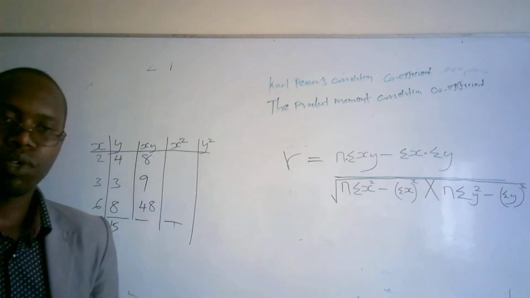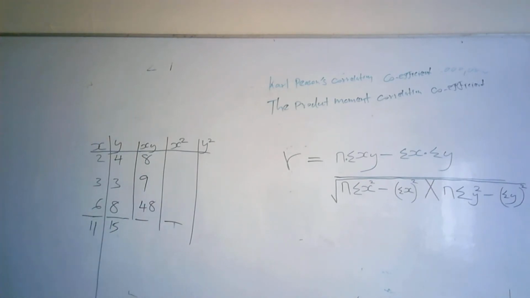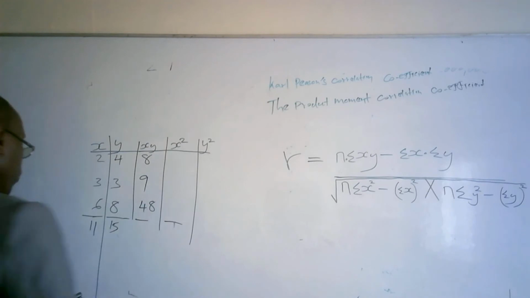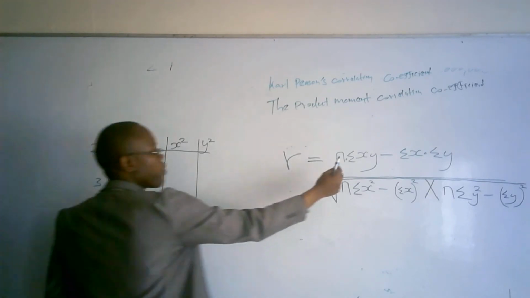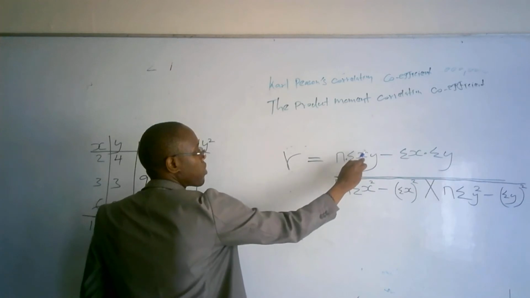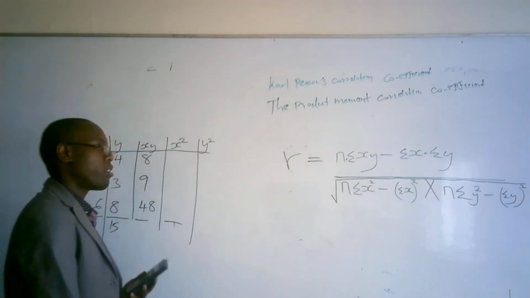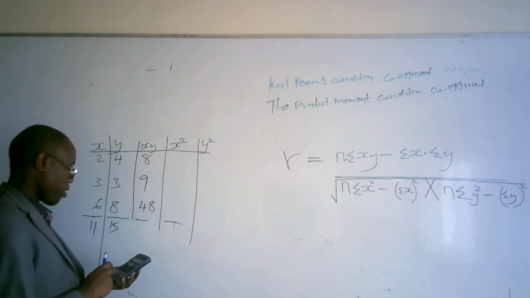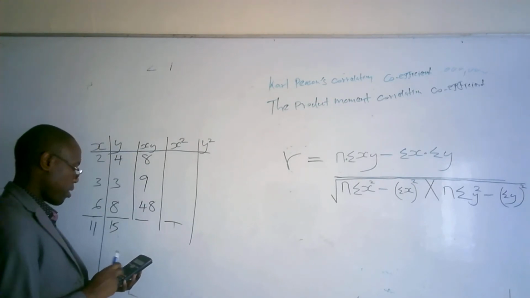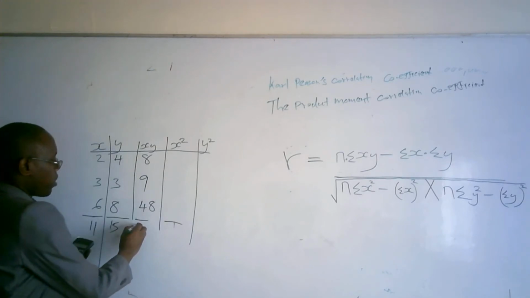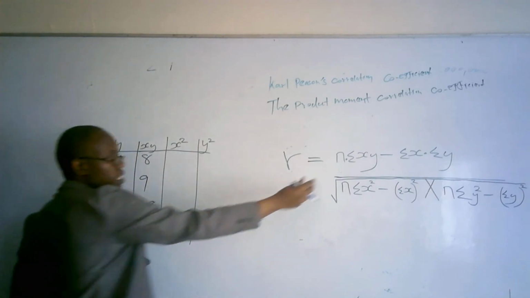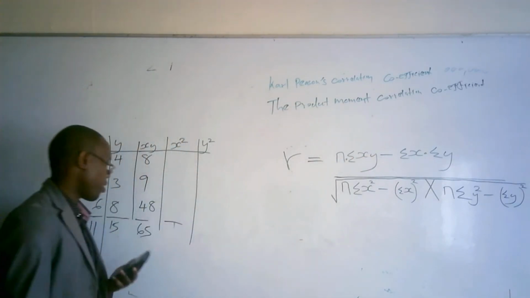And of course, we can now get the summation of xy, so that we can follow the formula, because here you see it is summation xy. It is going to be 48 plus 9 plus 8, which is going to be 65. So again we have our summation xy as the formula dictates, which is 65.